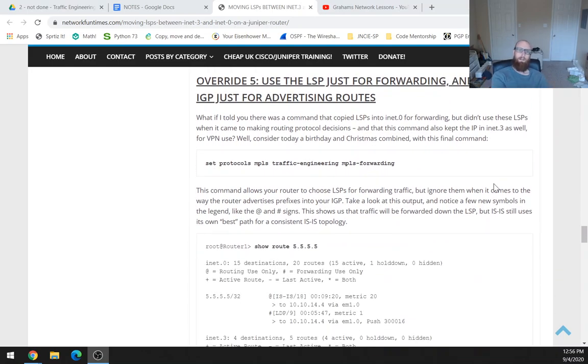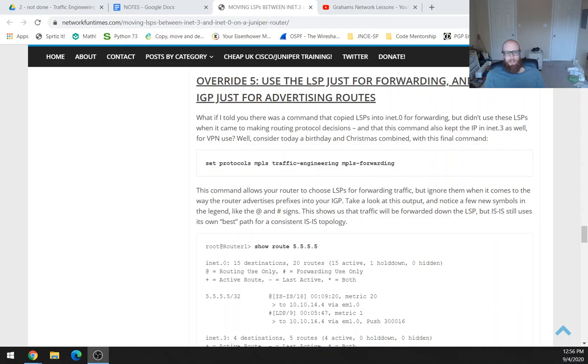So override 5: use the LSP just for forwarding and use your IGP just for advertising routes. What if I told you there was a command that copied LSPs into inet.0 for forwarding, but didn't use these LSPs when it came to making routing protocol decisions, and that this command also kept the IP in inet.3 as well for VPN use?